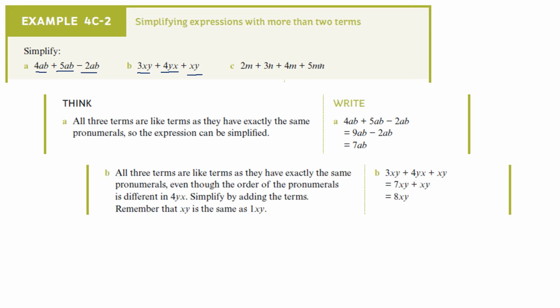If we go left to right, 3 plus 4 is 7, and then we just write the xy, and then this is a 1 in the front, okay? If there isn't a number in front, it's always the number 1. So 7 plus 1 gives us 8, alphabetical xy.